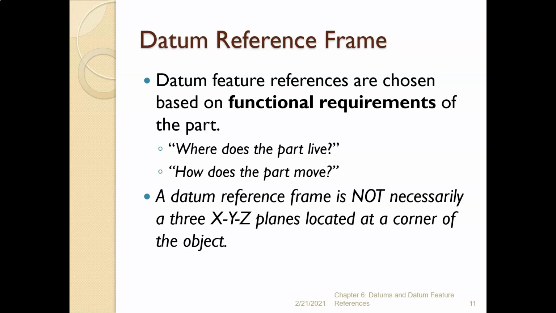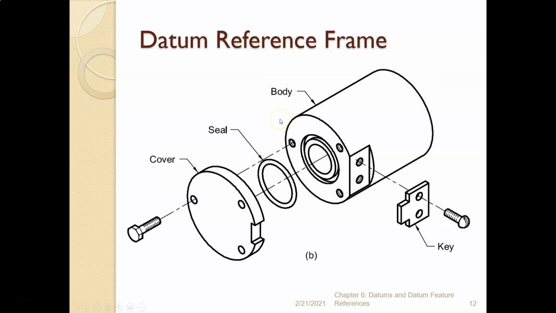Now, multiple datum reference frames can and do exist on single parts. Why? Because parts go into assemblies, and individual parts interface with multiple other parts. They have a lot of different neighbors. Okay? So let's look at an example here.